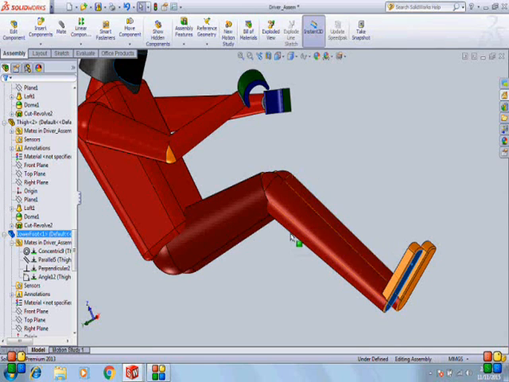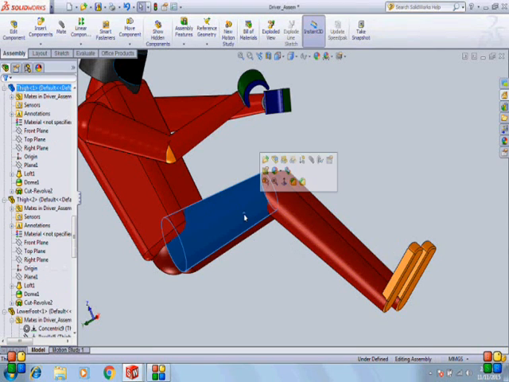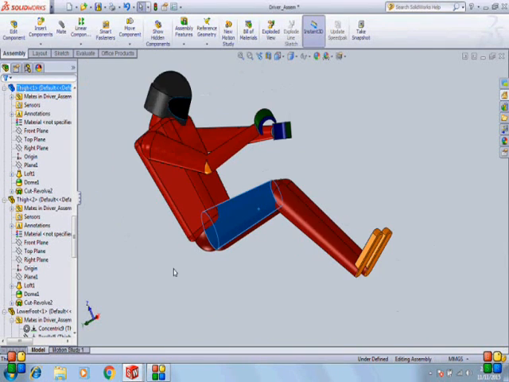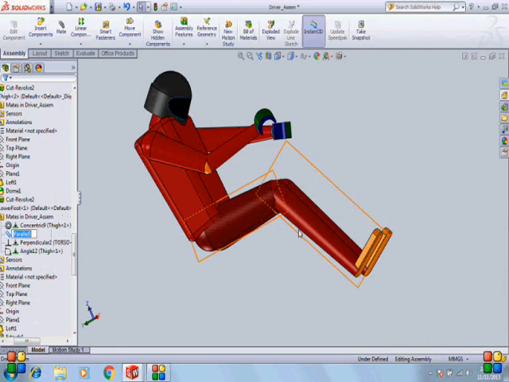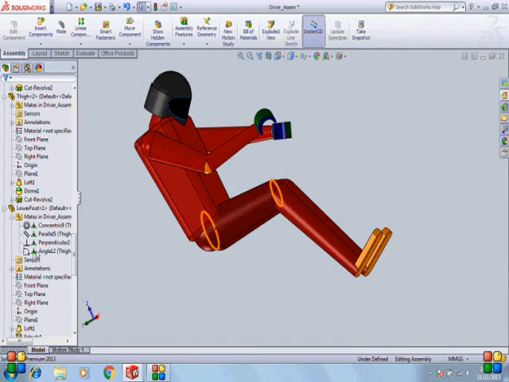So I can just move my leg up and down with respect to the thigh. That's the only movement that I'm looking for, so I have to constrain all the other movements. This parallel constraint has constrained the rotatory movement of the lower foot. Then I've given a perpendicular.